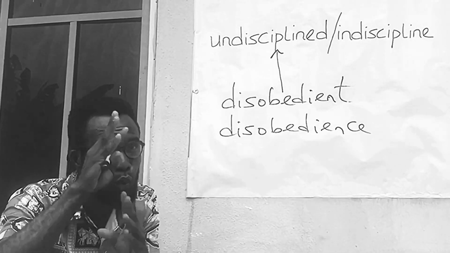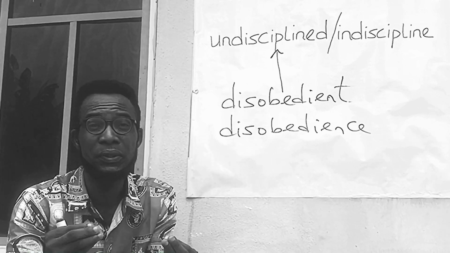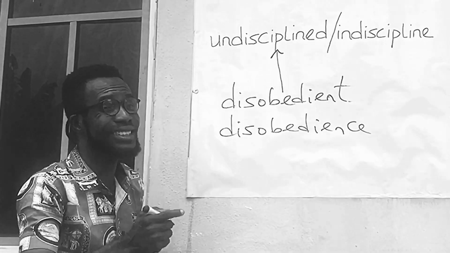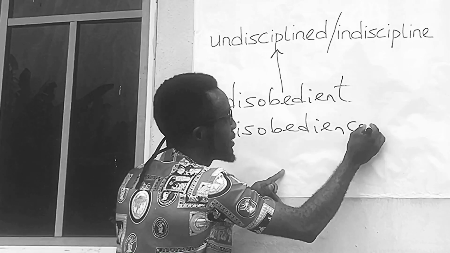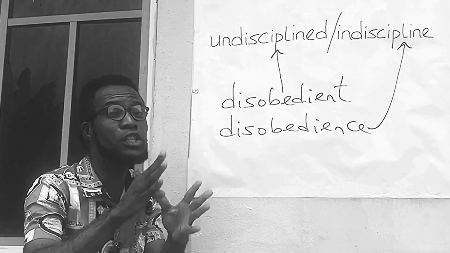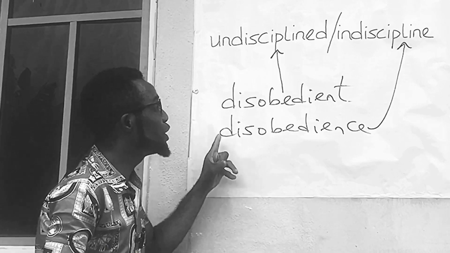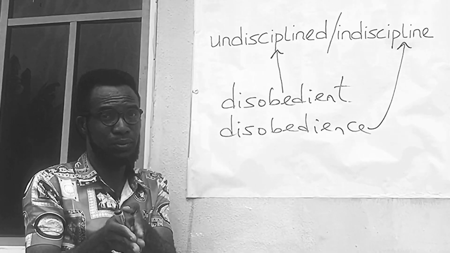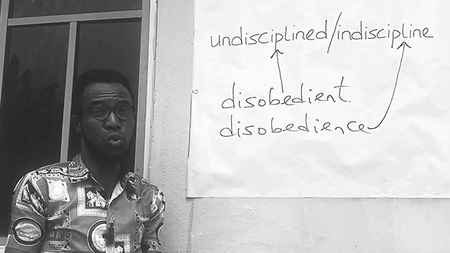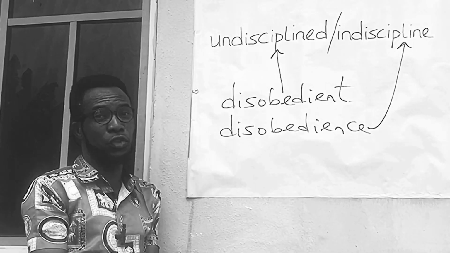But if the gap in the question can conveniently be filled with the word disobedience, then the answer to the question is indiscipline. This is so because disobedience is a noun. Same way, indiscipline is a noun word. So both of them match each other.